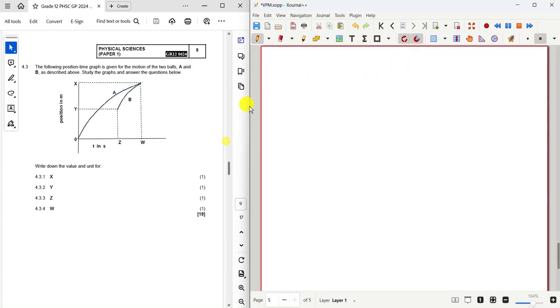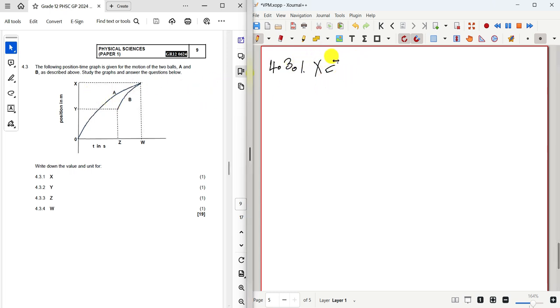Now, 4.3. The following position time graphs is given for the motion of the two balls A and B as described above. Study the graphs and answer the questions. Write down the value and unit for 4.3.1, X. What is X?